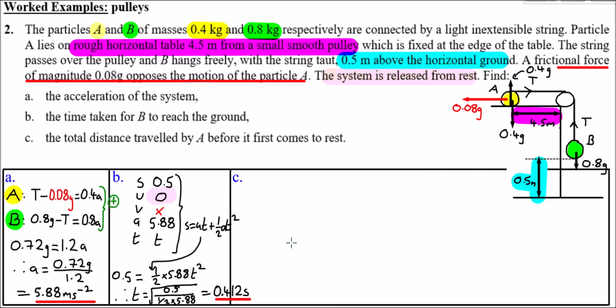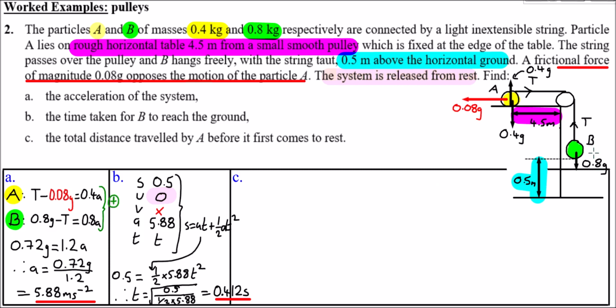Now we need to think about part C. Now part C is fairly complex. It says the total distance travelled by A before it first comes to rest. So let's think of what's going to happen here. A has got 4.5 metres to go until it gets to the pulley.